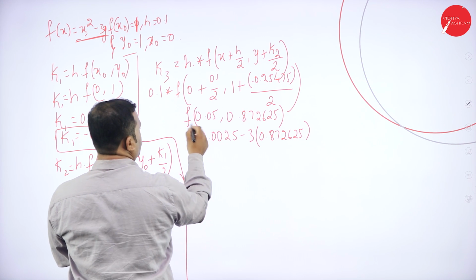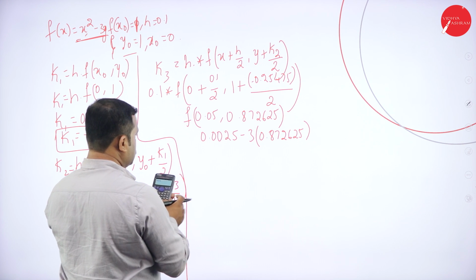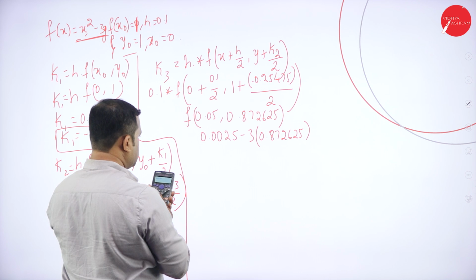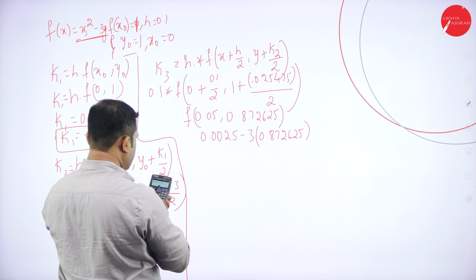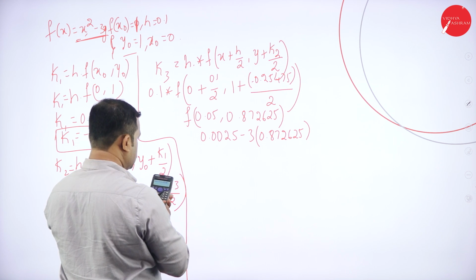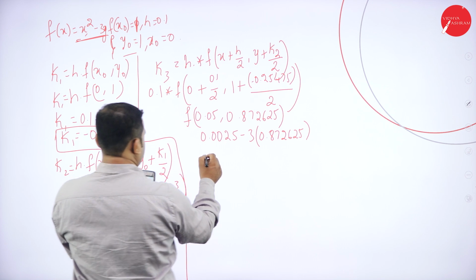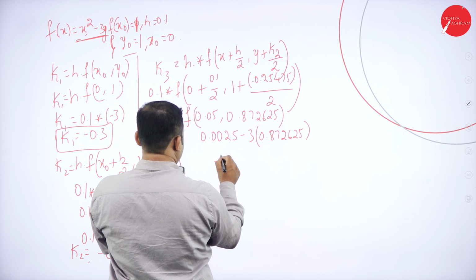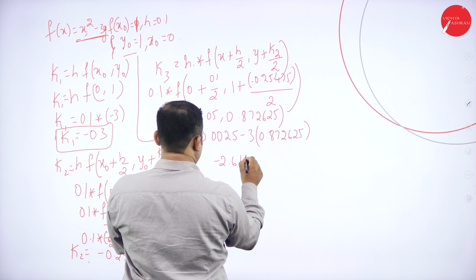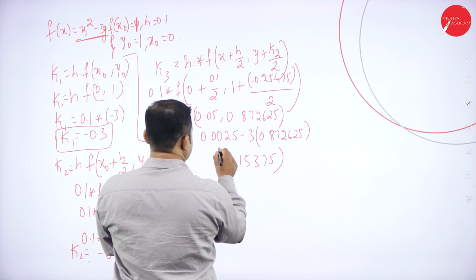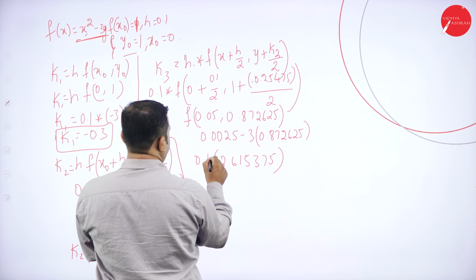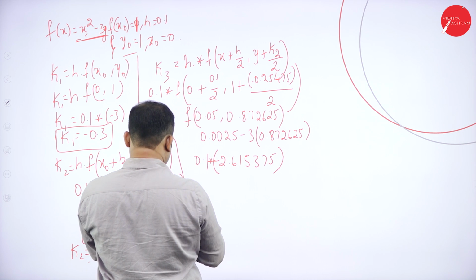That gives me the value of f, which is equal to minus 2.615375. This answer must be multiplied by 0.1.